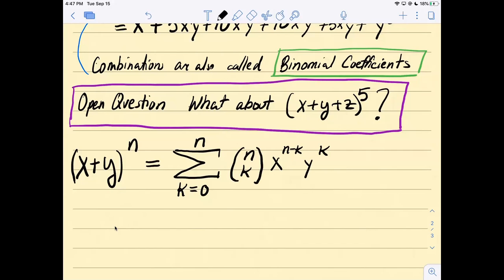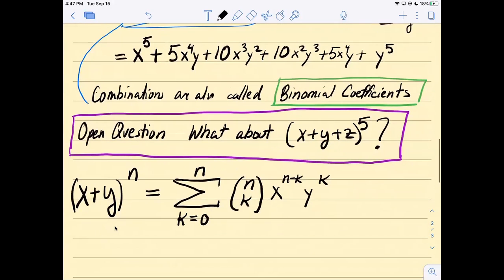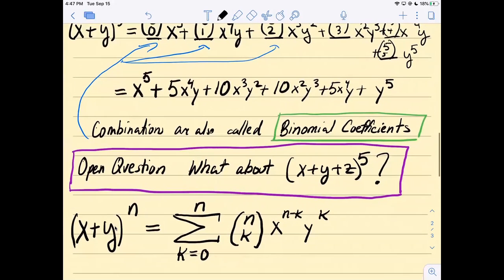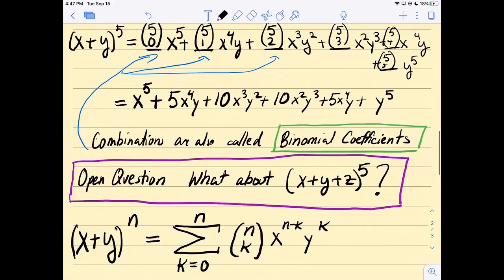This formula is not saying anything new that you haven't seen yet. It's just formally expressing the pattern. If we want to expand something to the nth power, k is a dummy variable, and you think of n as some big number, like 10, or 5 in the example we worked out.